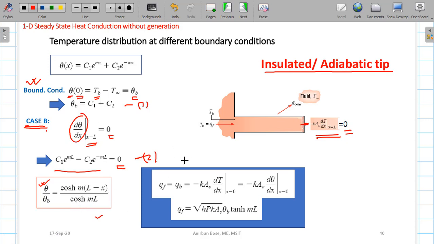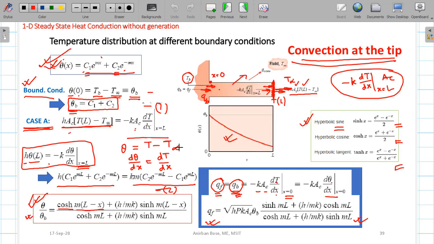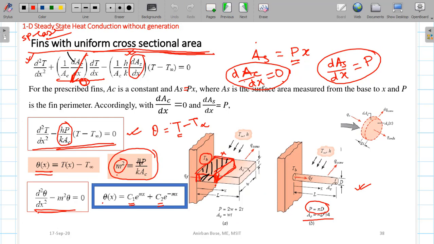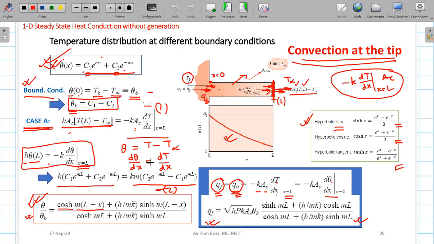And remember what m is. m is the square root of h, the convective heat transfer coefficient, times perimeter P, divided by A_c, the cross-sectional area, times k. Okay, that is what m is, because remember we have assumed that m squared is this, so you should always remember it.